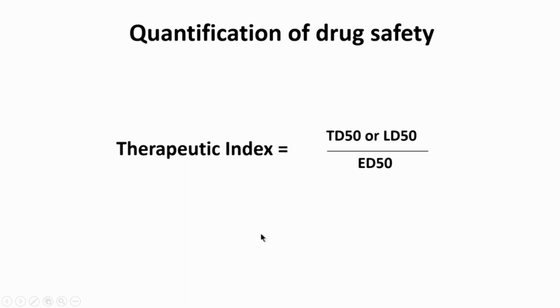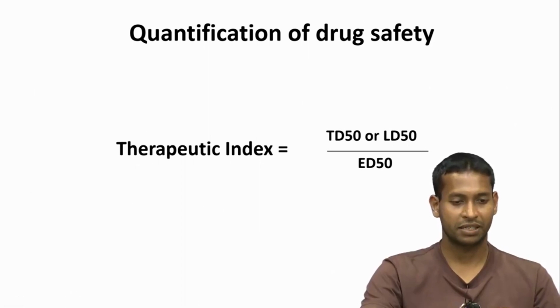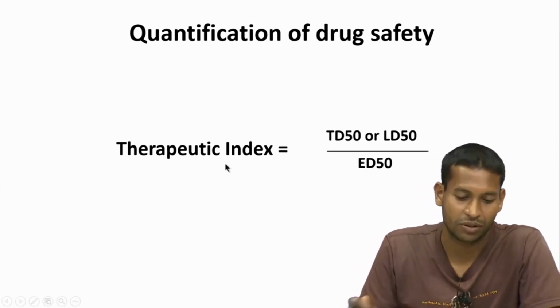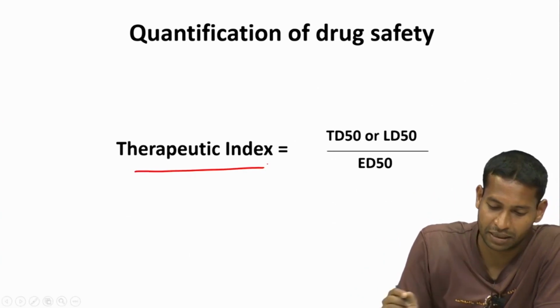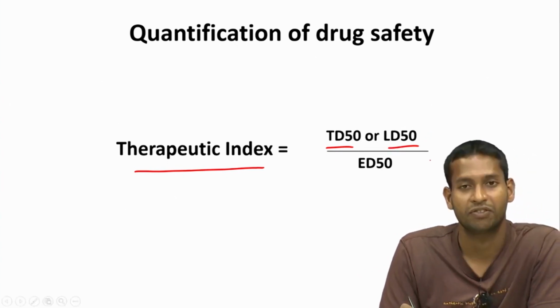Okay. And so, the way we quantify the drug is through a method called the therapeutic index. So, a therapeutic index is nothing but the TD50 or LD50 divided by the ED50.